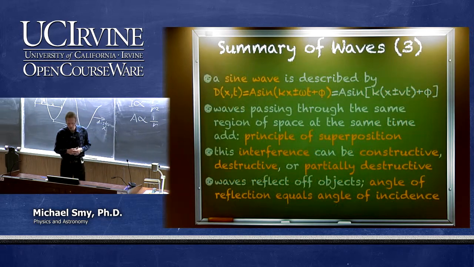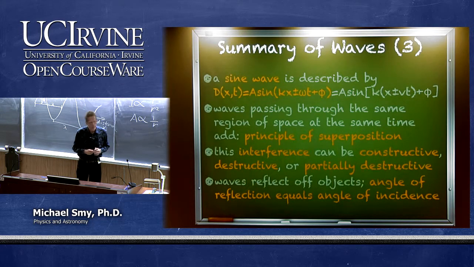A sine wave is described by a displacement as a function of position and time, given by this expression: amplitude times sine of wave number times position, plus or minus angular frequency times time, plus some angle phi.